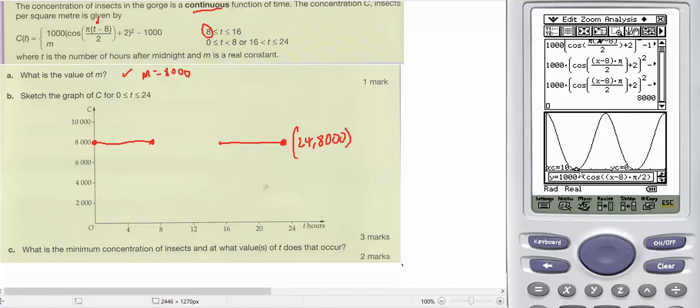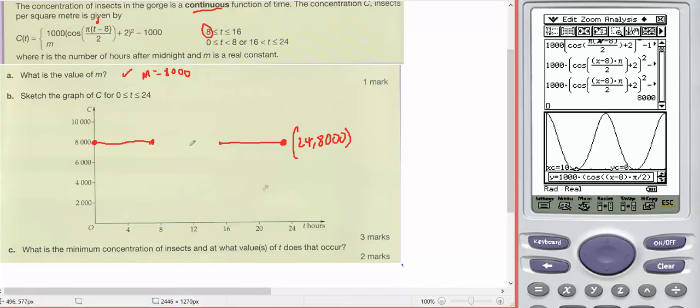Okay, so I know that at 12 we're back up to 8000, at 10 we're down to 0, and 14 we're down to 0. It looks hard with the tablet to draw a nice curve, but that's at 14, that's at 10, that's back up at 8.